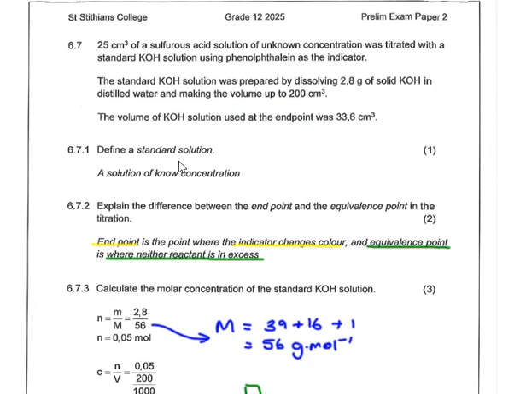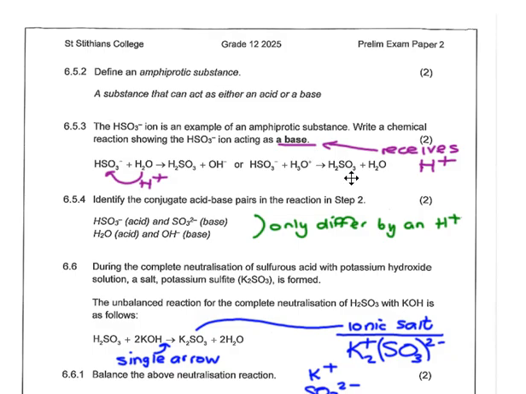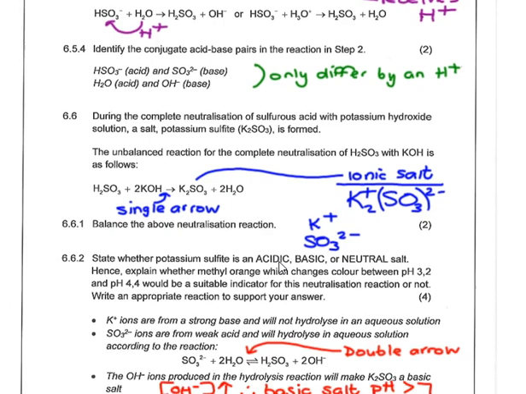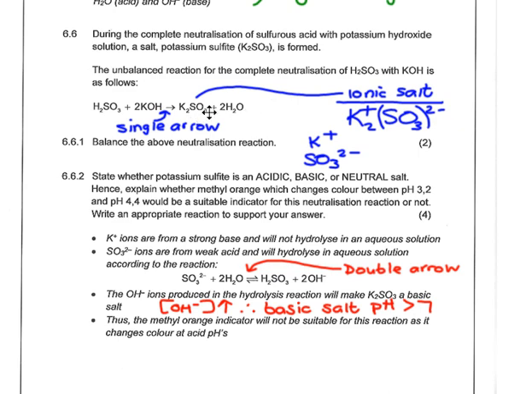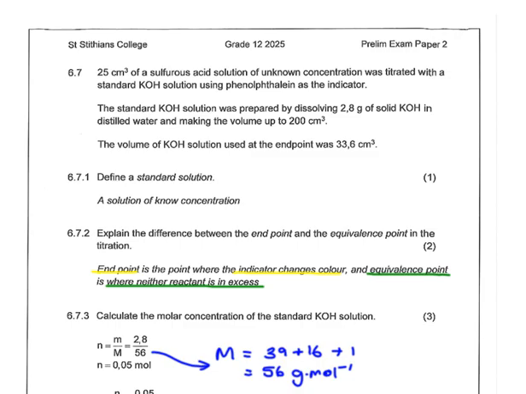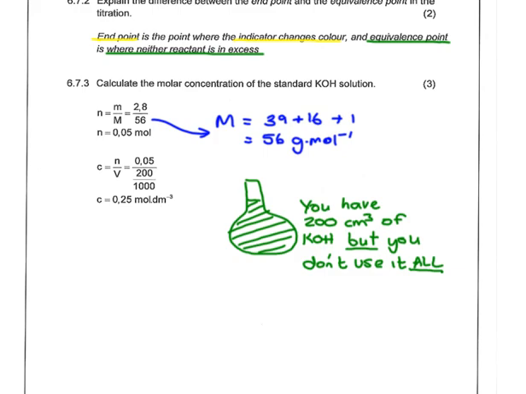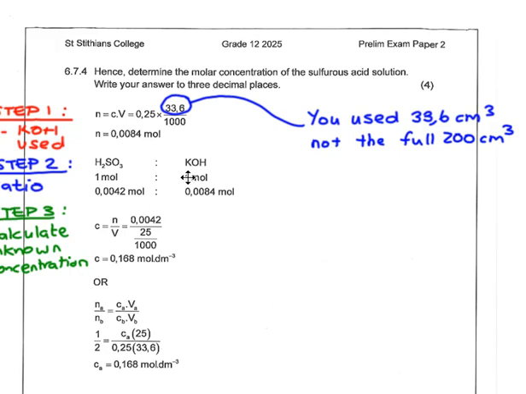Let me just go and check our balanced equation. Yes, that must be a 2. Okay, so it's worked out correctly though. So you can see the ratio is 2 to 1.